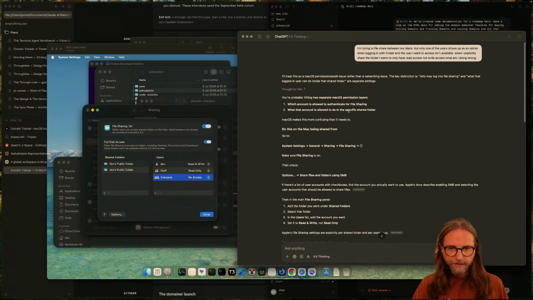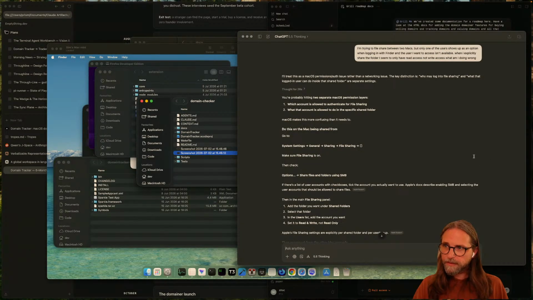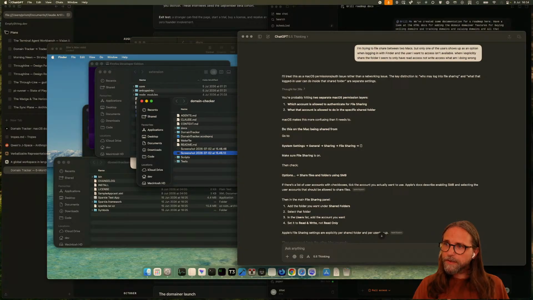Make sure file sharing is on, then click options, share files and folders using Samba. Oh, okay. Yes. Connected users 1. Windows file sharing. I don't need that.